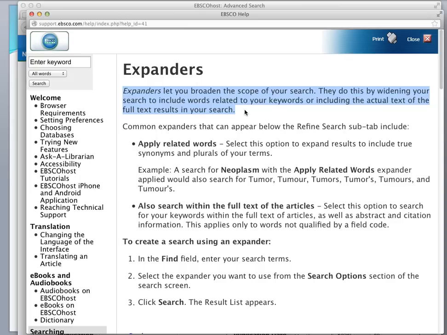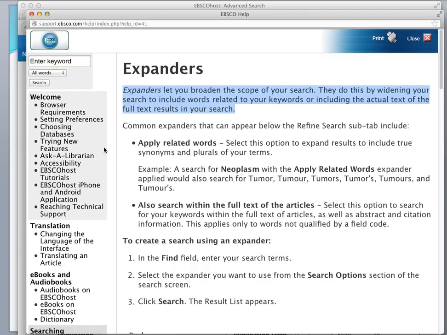Common expanders that can appear below the refined search subtab include apply related words. We can click that option, select this option to expand results to include true synonyms and plurals of your term. So here we are expanding our search. We are recalling more documents. Okay, so we can use expanders in our search.